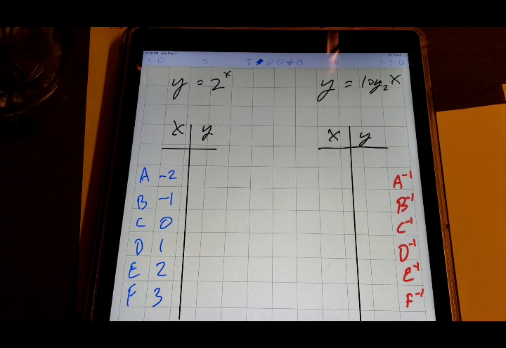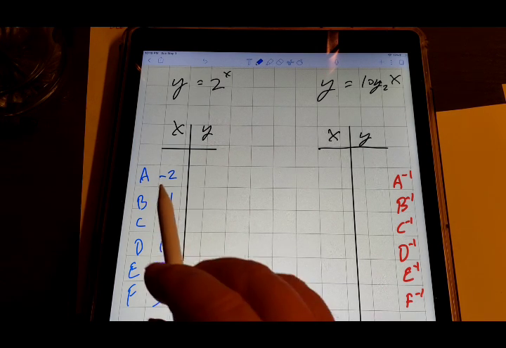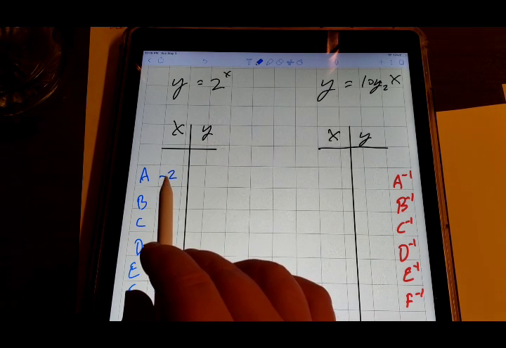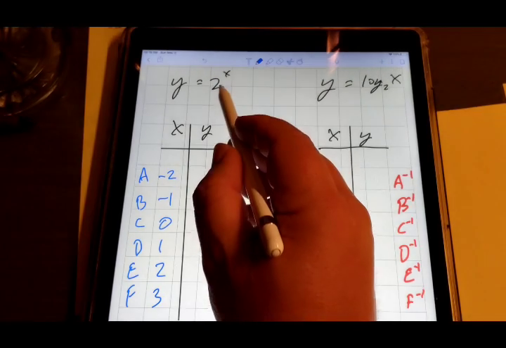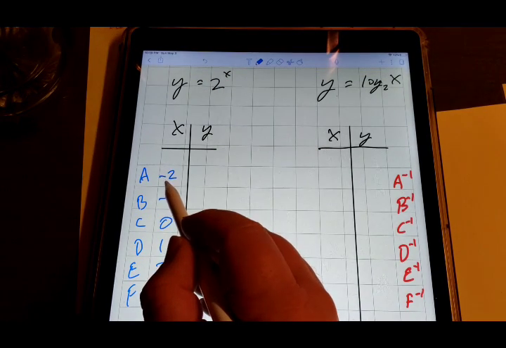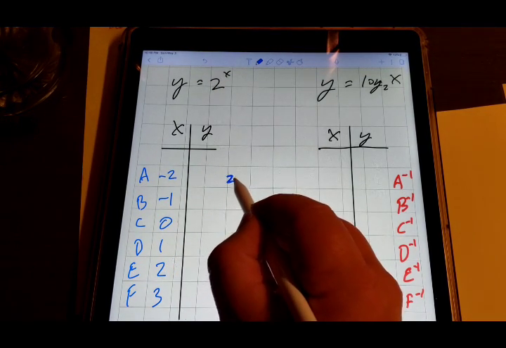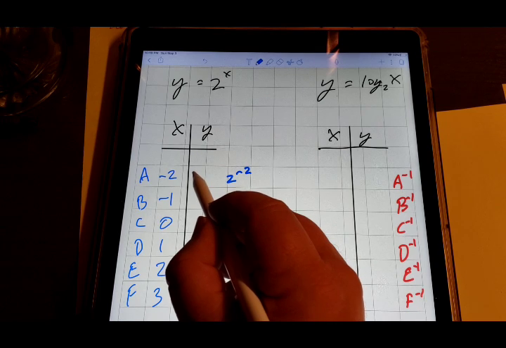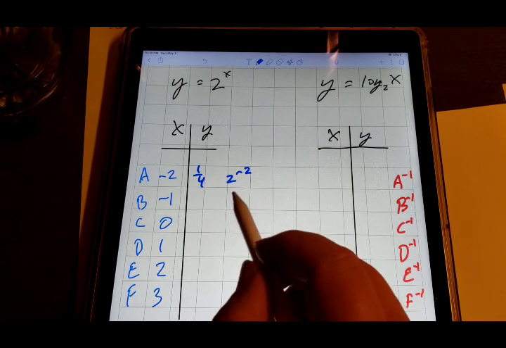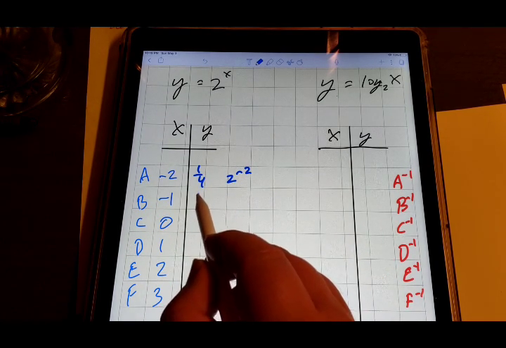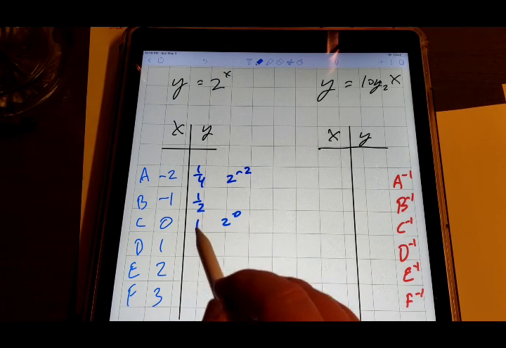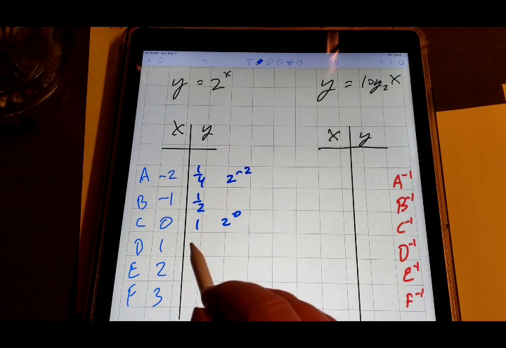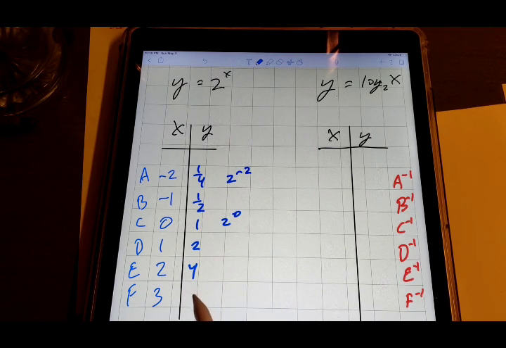If I'm plotting 2 to the x, I can pick any x value I want and calculate it right away. If I put in negative 2, I'm talking about 2 to the negative 2, which, hopefully you remember, is 1/4. If I put in negative 1, it's 1/2. If I put in 0, 2 to the 0 is 1. If I put in 1, I get 2, then 4, then 9.